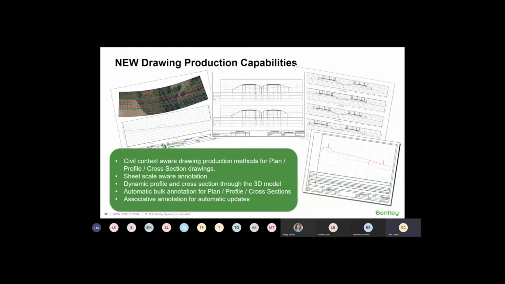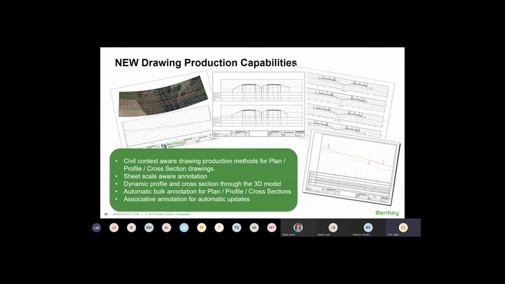Now, of course, all the capabilities are in OpenRoads Designer. Everything is civil context aware for plan, profile, cross-section, even super elevations. If you want to show supers on sheets, you can do that as well. The annotation is sheet scale aware, so you don't have to set up these sheets over and over.